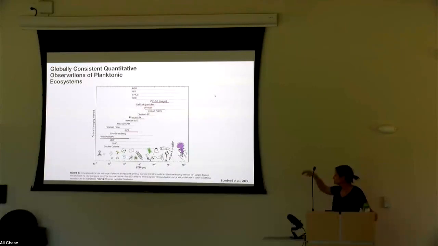And this is a nice review from a few years ago by Lombard et al., where they're looking at all the different techniques, not just imaging, to quantify in situ, actually counting and observing individual cells to quantify planktonic communities. There are different instruments now that are becoming more and more common that can capture different regions of the full phytoplankton size spectrum, and here all the way up to the big stuff using the UVP.